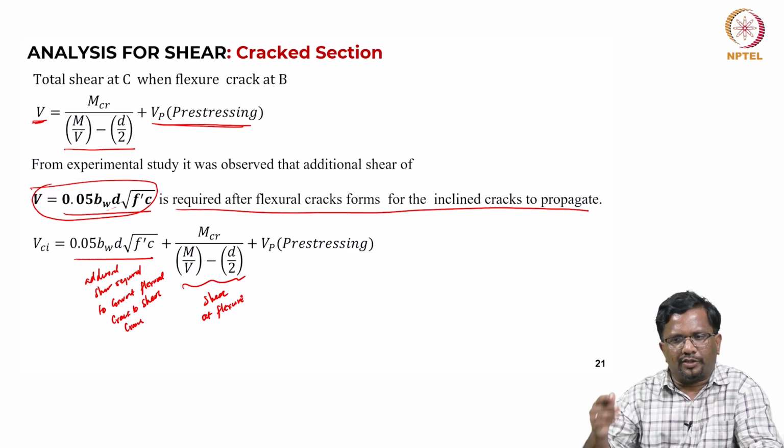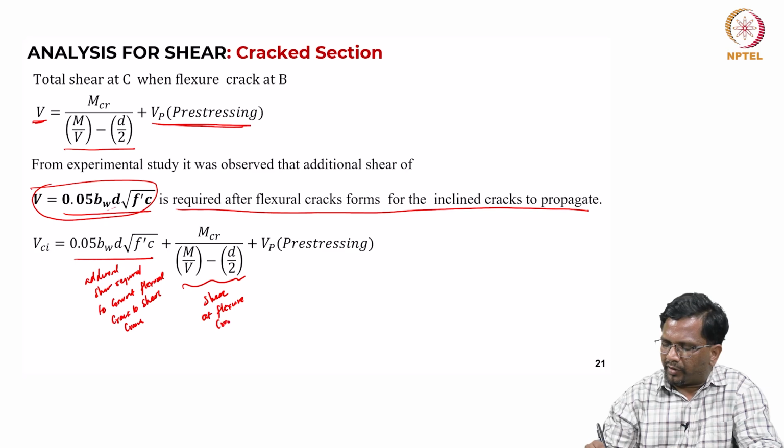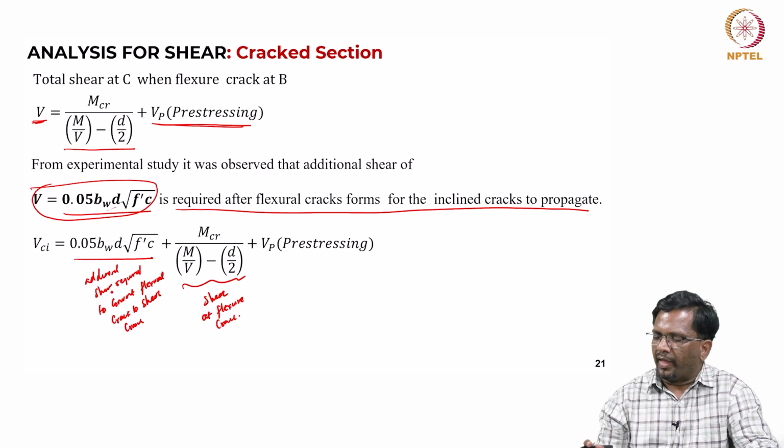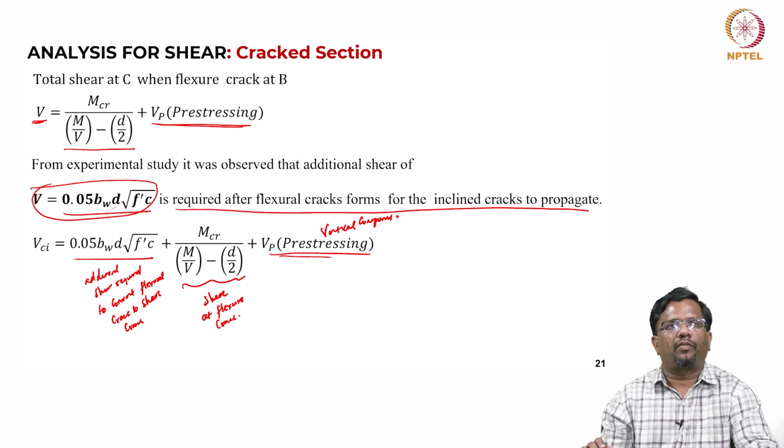Already the section is cracked in flexure, and there is a shear that is acting in the section. So, this plus this is your flexural shear capacity, and this is always the vertical component that is going to be there.